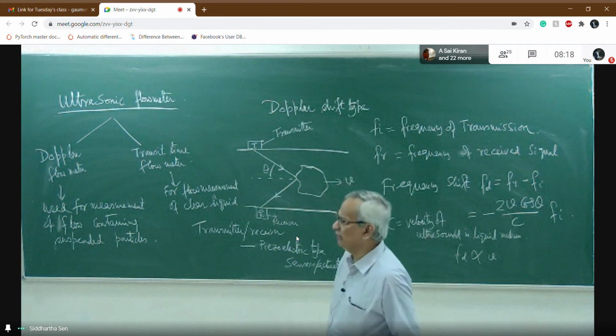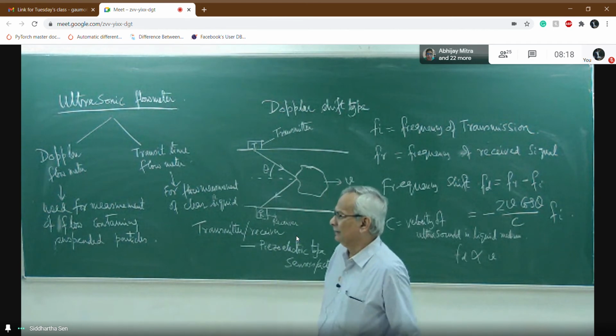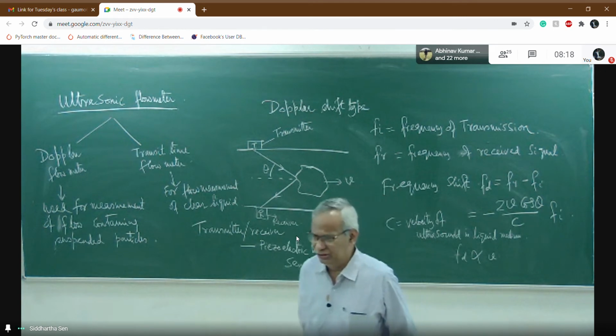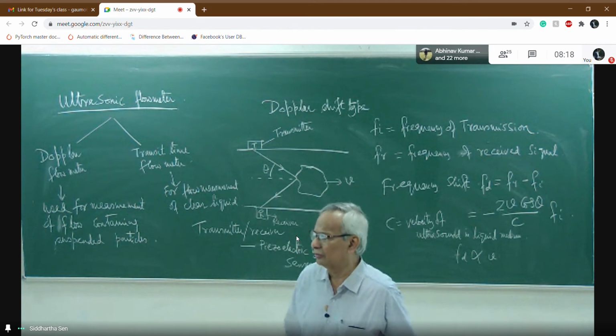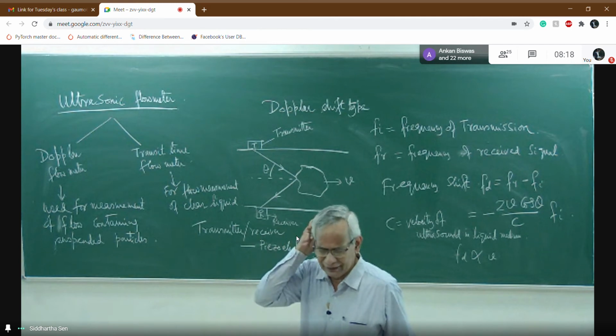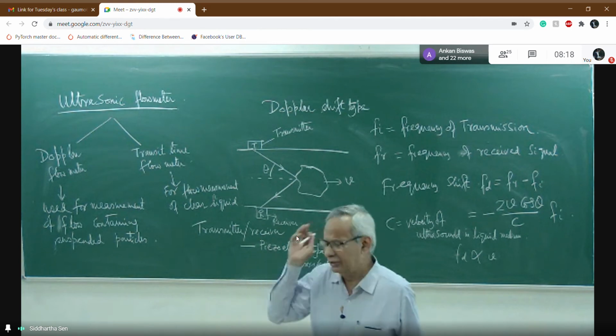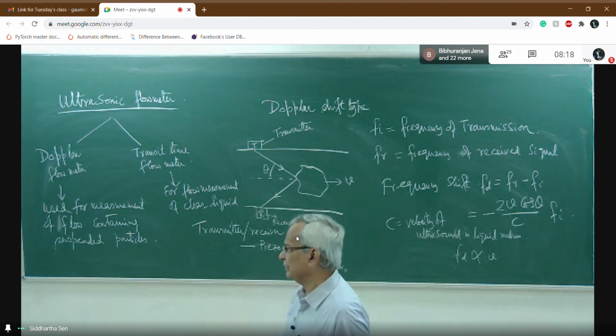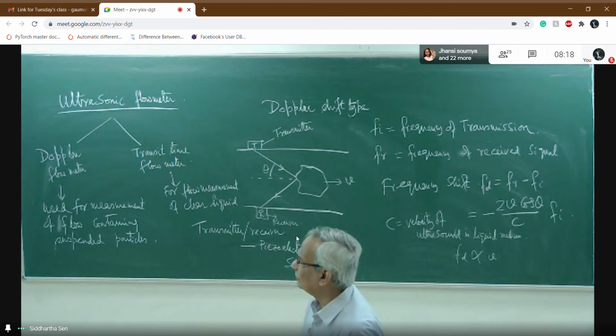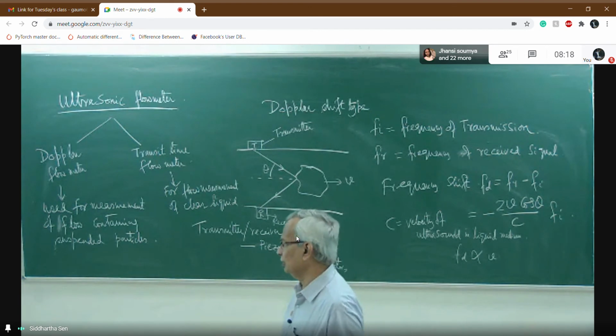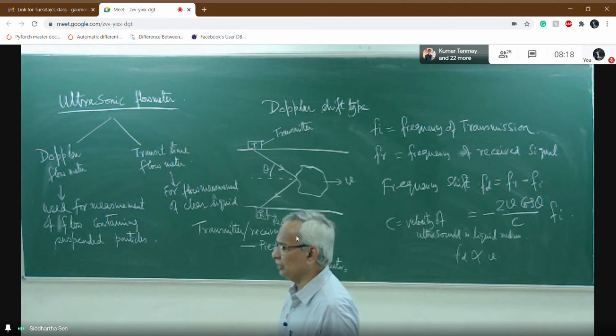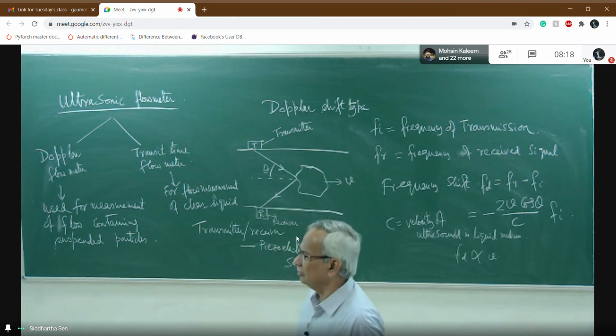But definitely we find that the actual measurement is not that easy. We cannot discuss those things right now, but if it is a 100 megahertz or 1 megahertz frequency sent by the transmitter, and the frequency shift is a few hertz, say 10 or 20 hertz out of 10 to the power 6 hertz, the measurement with proper accuracy is always difficult.